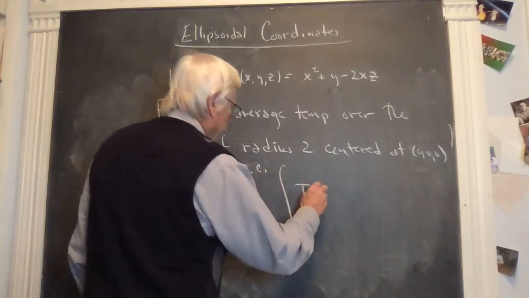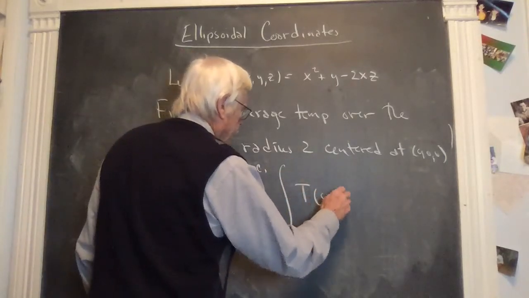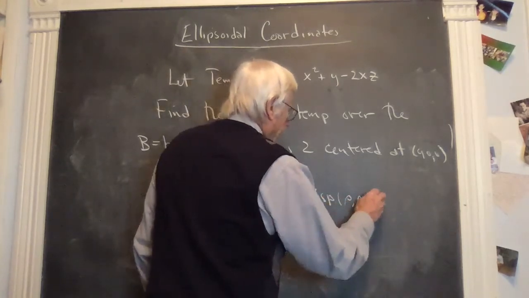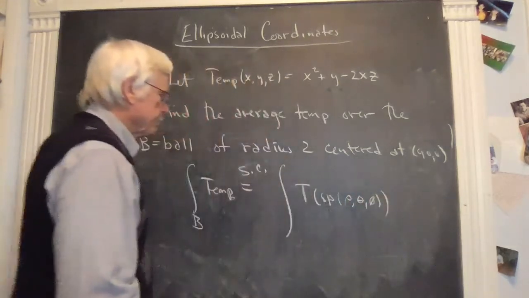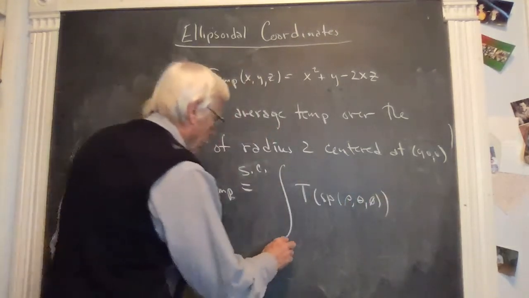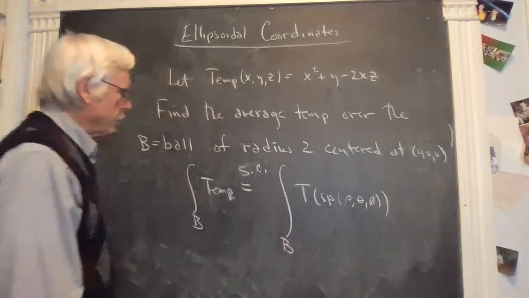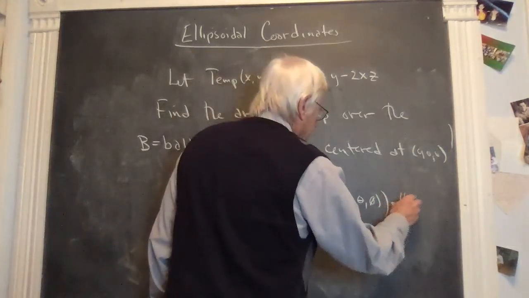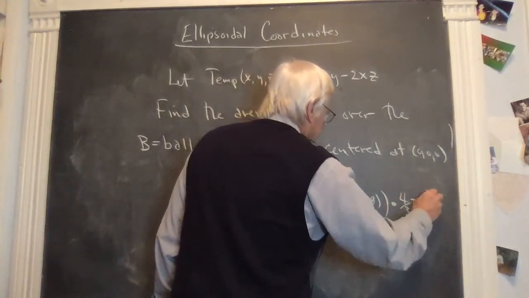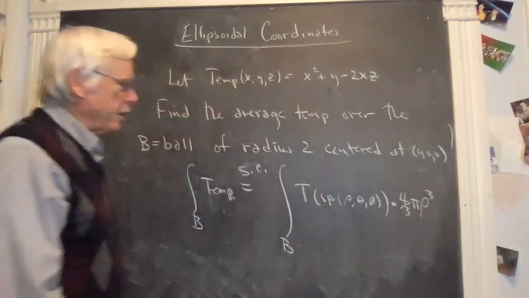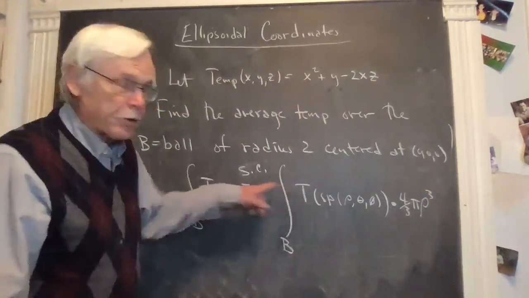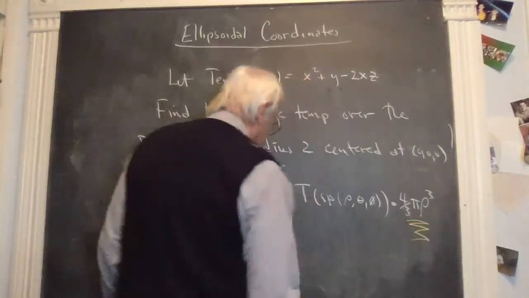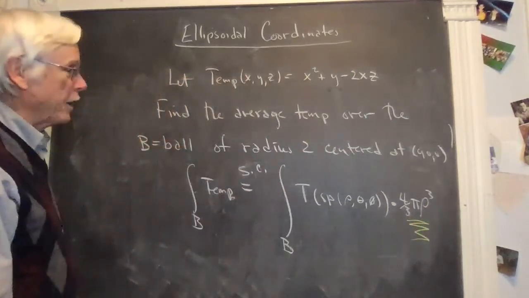So I'm going to take the temperature in the spherical coordinates, which are rho, theta, and phi, and I'm going to integrate those over the ball. So I'm just going to rewrite the thing in spherical coordinates. And we'll need that expansion contraction factor because this represents a change of variables. So the expansion contraction factor is necessary because I'm not using x, y, and z.